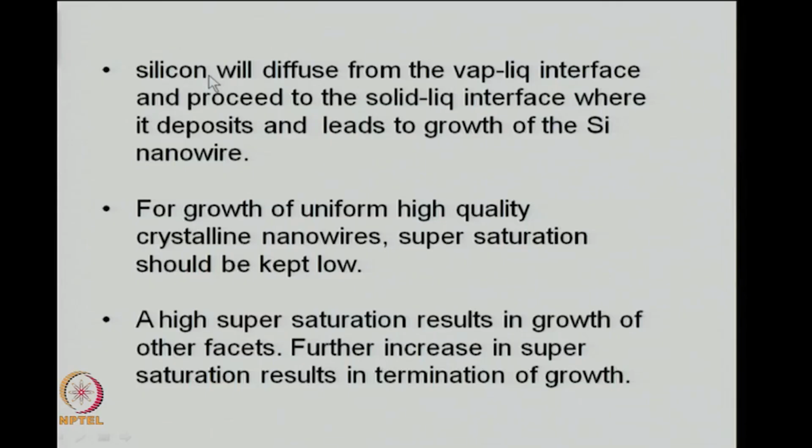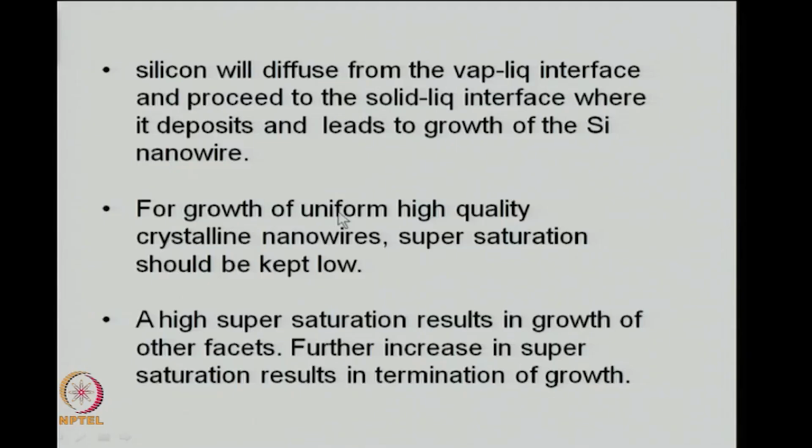Then these silicon gaseous molecules will, after solubilizing in the liquid, diffuse from the vapor liquid interface and proceed to the liquid solid interface, where they will deposit and lead to the growth of the silicon nanowire. So, this is a case of silicon which was used as the substrate, and you have some other element as the catalyst.